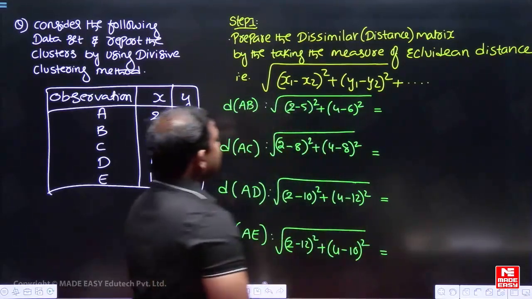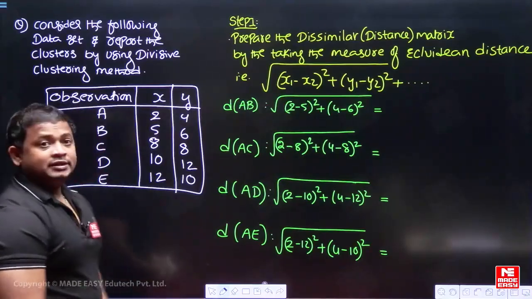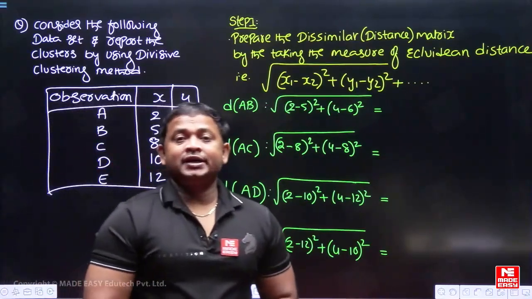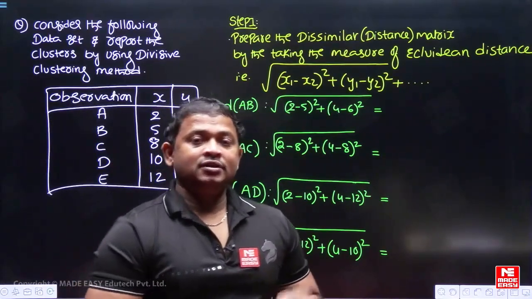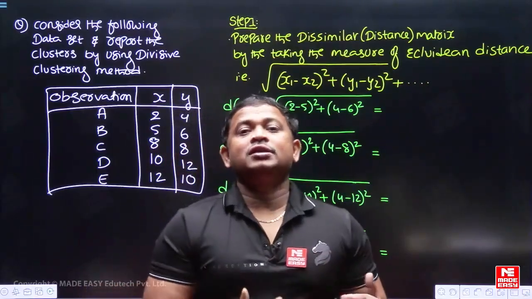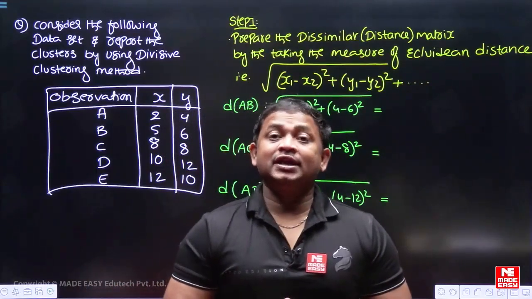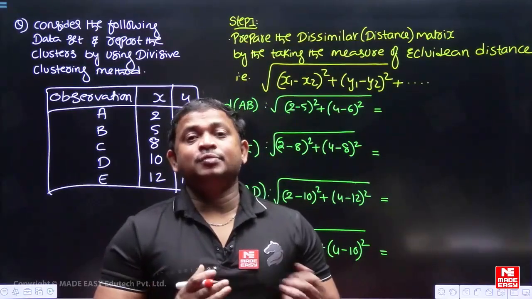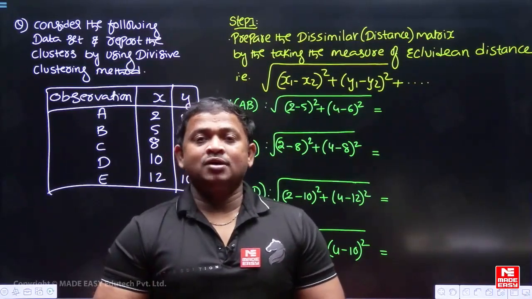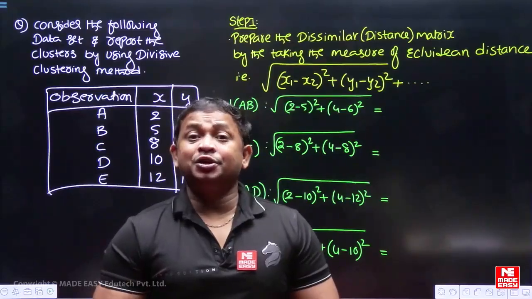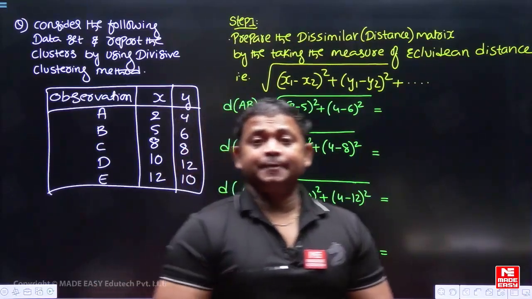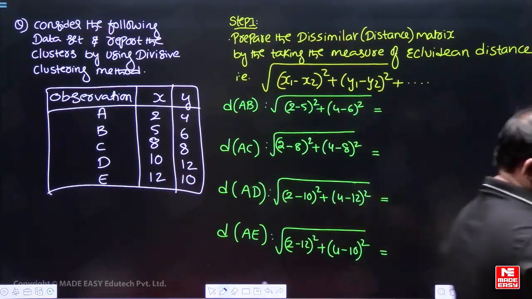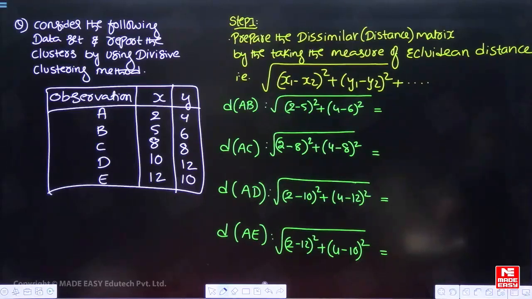Okay students, calculate this. I just calculated the distance between A point to all other points. Correct? That distance tells how much A is similar to other components, or how much A is dissimilar to other data points. Compute that. What is the computational value?